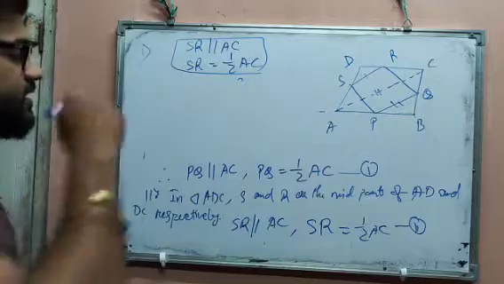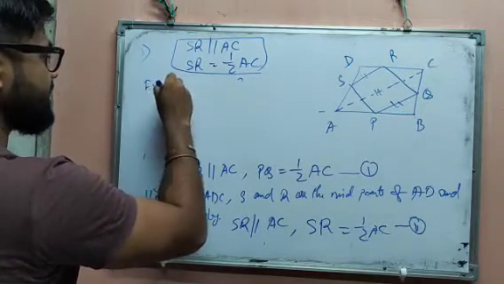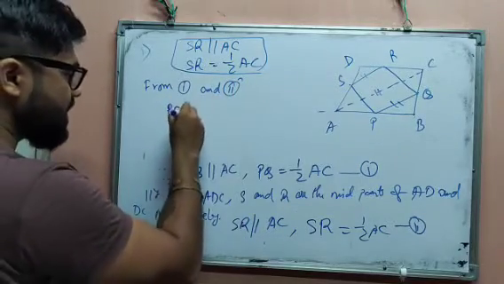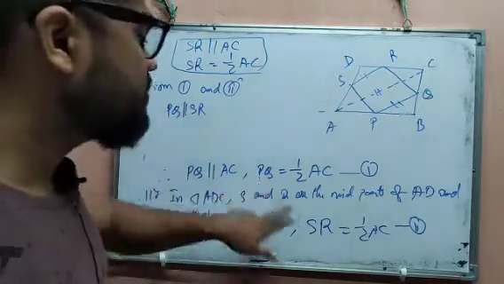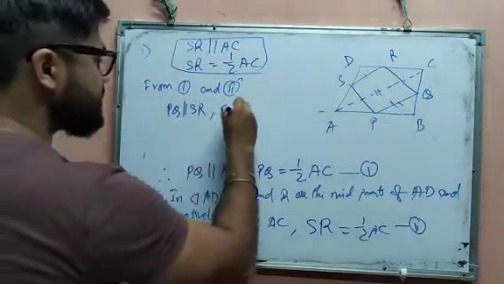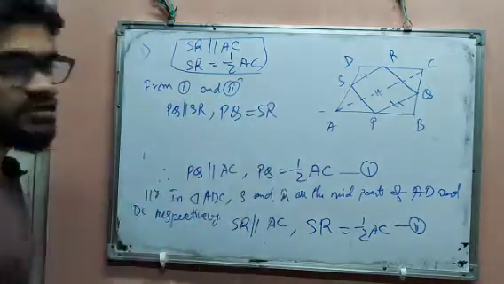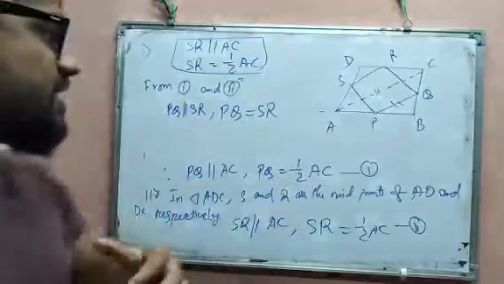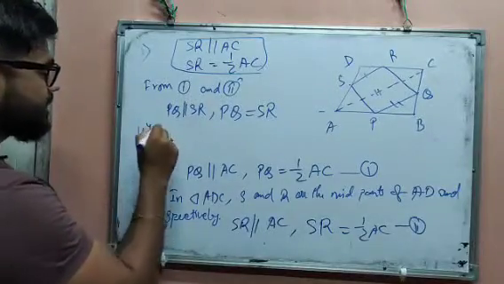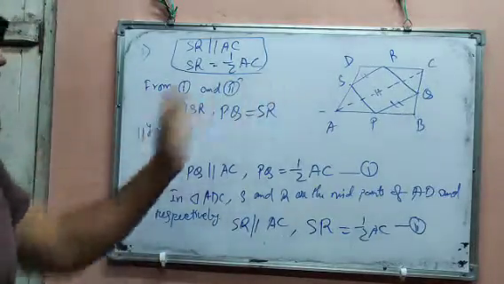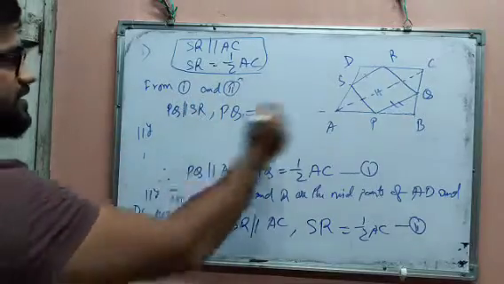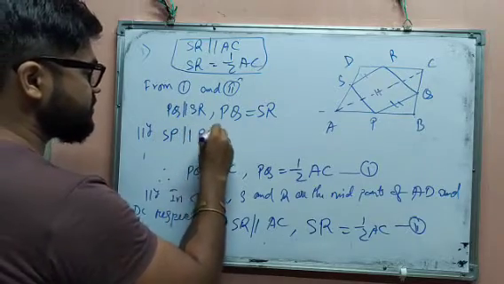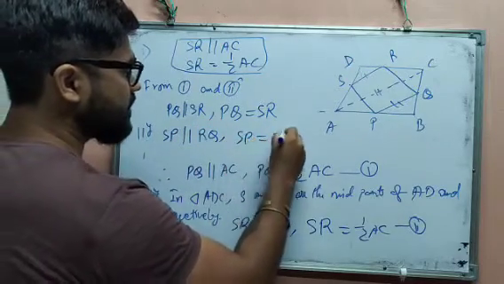So from 1 and 2, PQ is parallel to SR and PQ equals SR. Similarly, we can write that SP is parallel to RQ and SP equals RQ.